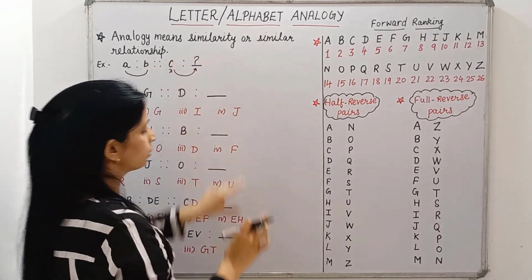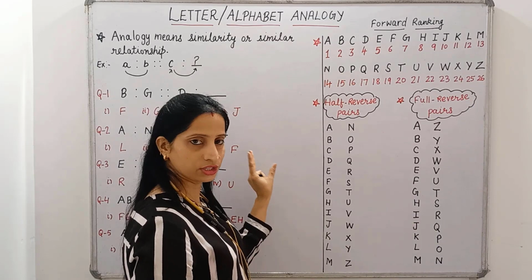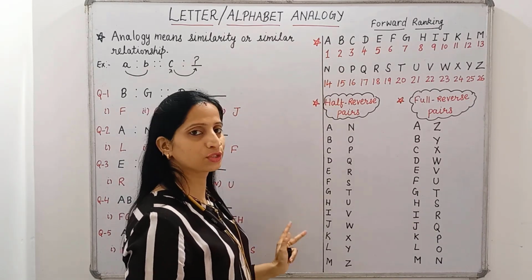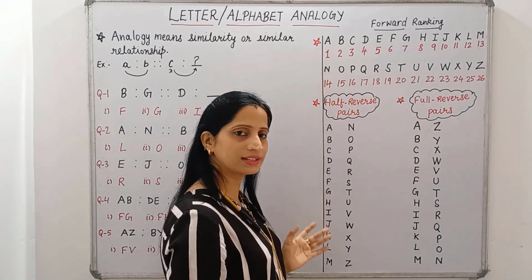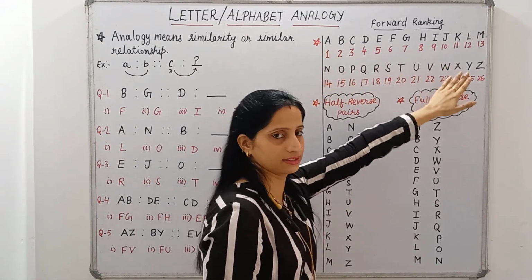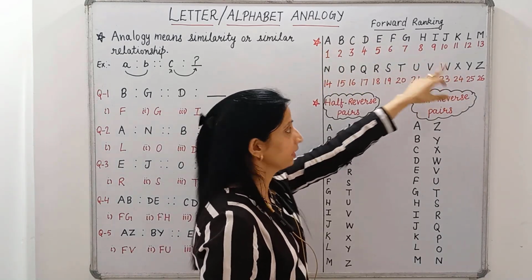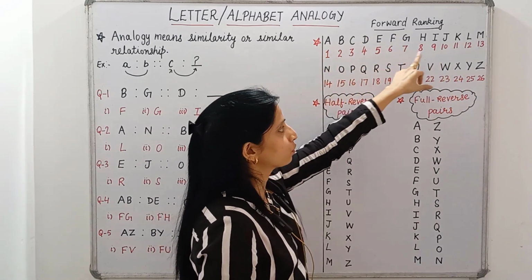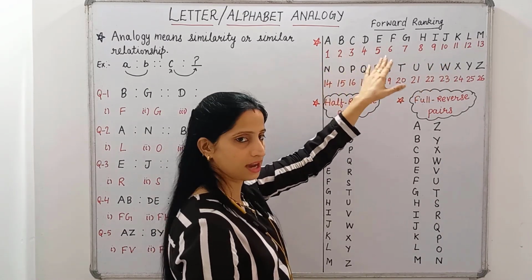Okay, so as we are dealing with the letter analogy today, before starting the questions, let us learn some basics of letter analogy. As you know, in our alphabetical series there are 26 letters. So these are the letters from A to Z, and these are the place values of the letters, means the place at which these letters come.